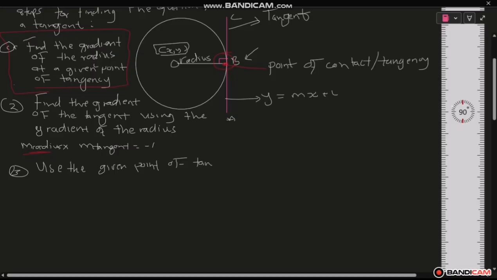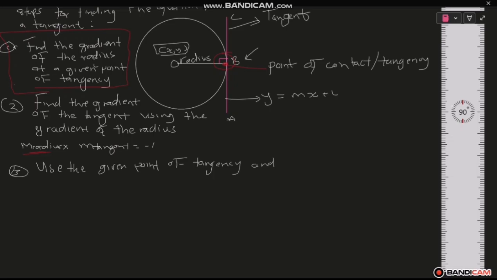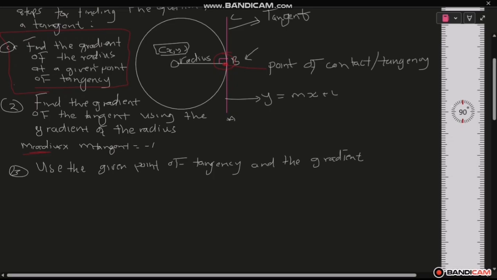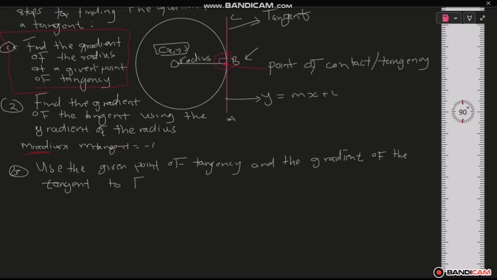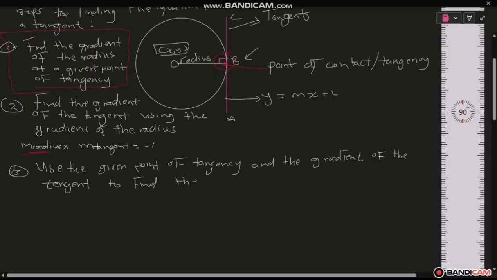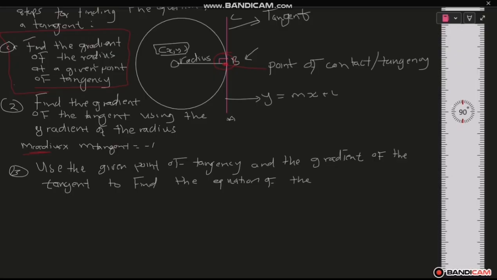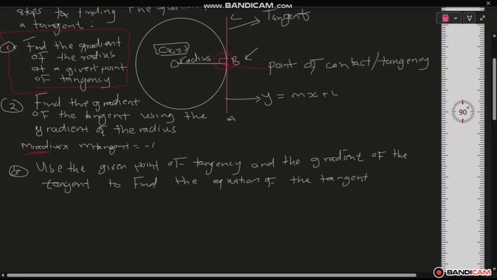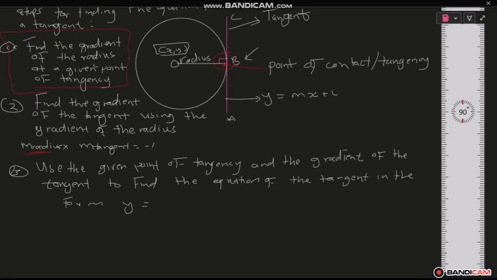Use the given point of tangency, or point of contact, and the gradient of the tangent to find the equation of the tangent. But we'll make an example so that you can understand this.